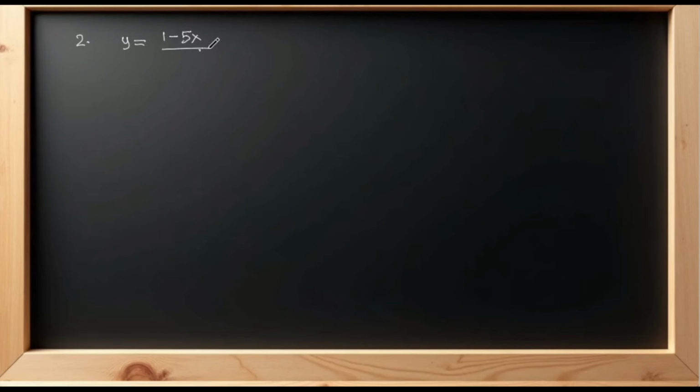It says dy by dx is given by v multiplied by du by dx minus u multiplied by dv by dx, and the whole thing becomes, our denominator should be v squared.